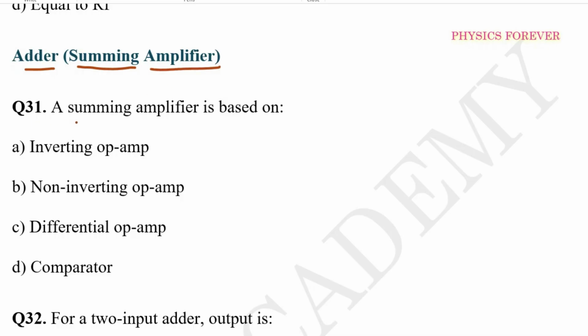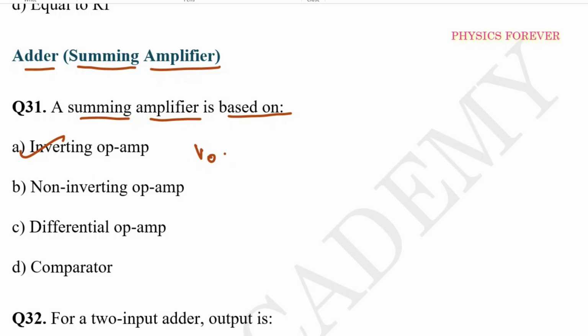Question number 31: a summing amplifier is based on what? It should be a direct, simple question. The operation is an inverting amplifier, using virtual ground. So the summing amplifier is based on inverting mode.